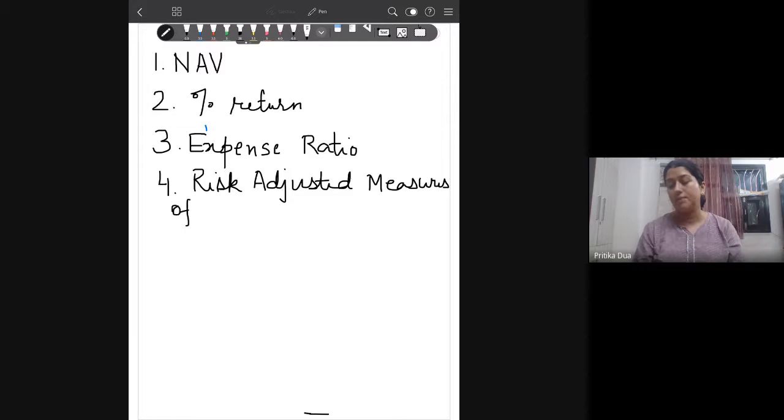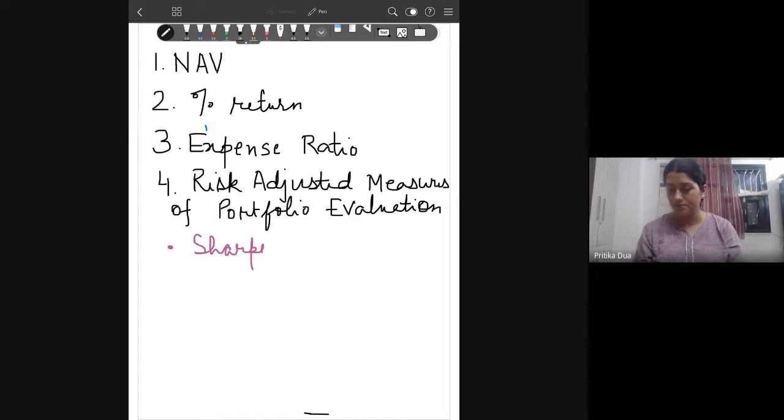So it's not only applicable to mutual funds, but if you are holding a portfolio of securities, then you can apply these same measures. So under this, we have three measures which we'll be doing today. The Sharpe ratio, Treynor ratio, and the Jensen ratio.